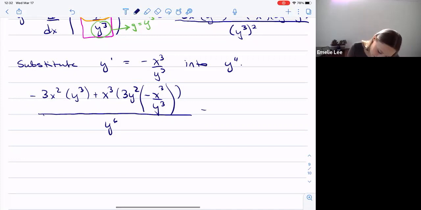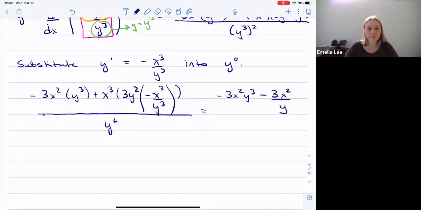So to start off with, I'm going to do negative 3x squared y to the 3 minus x to the 6, and I'll bump that 3 outside. 3x to the 6th over y, to simplify that. But then it's over y to the 6th.